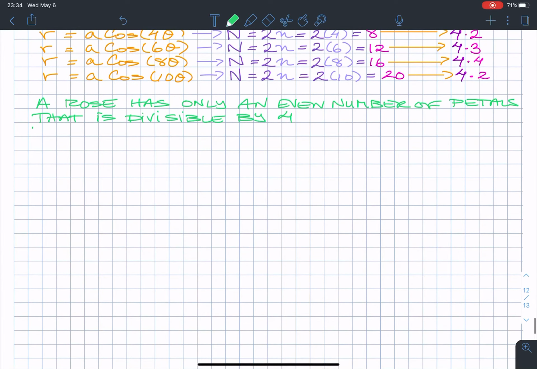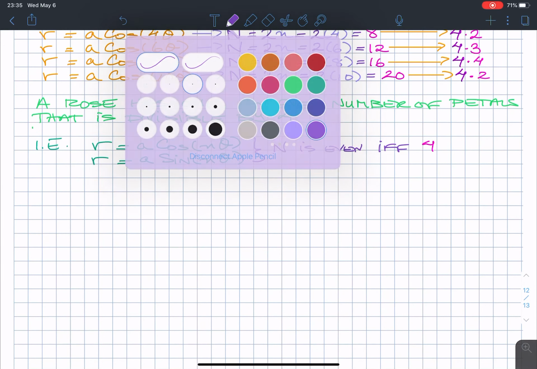So that is, i.e., if I have r is equal to a cosine of n theta, or r is equal to a sine of n theta, n is even if and only if 4 divides or goes into n.